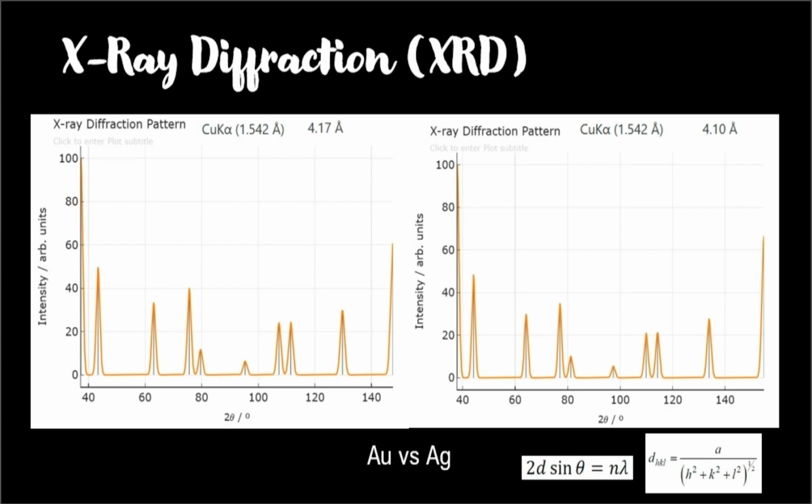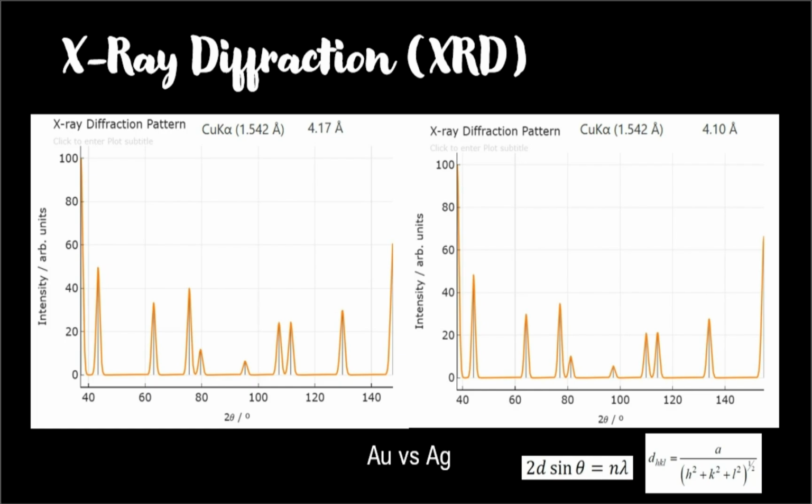So we take one plane as an example. Let's say the 111 plane. This HKL is a constant, so what we change is the A. For example, the silver is 4.10 and the gold is 4.17.